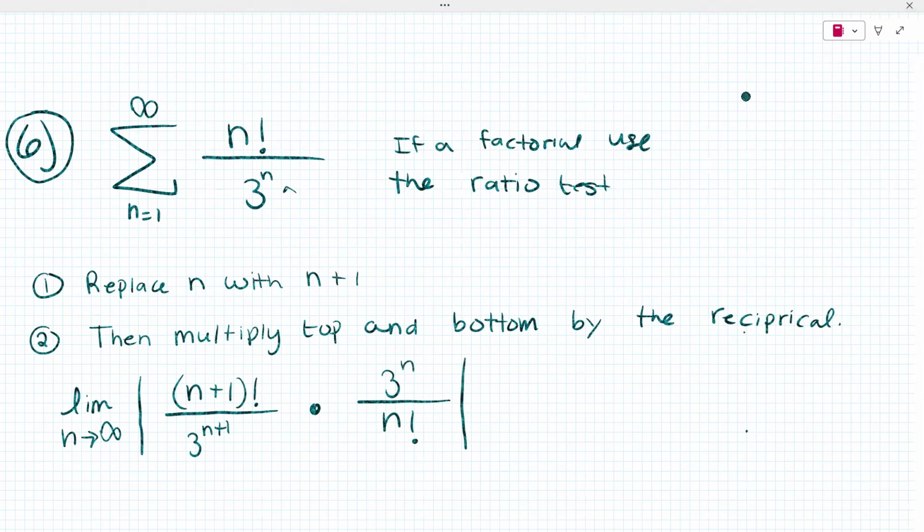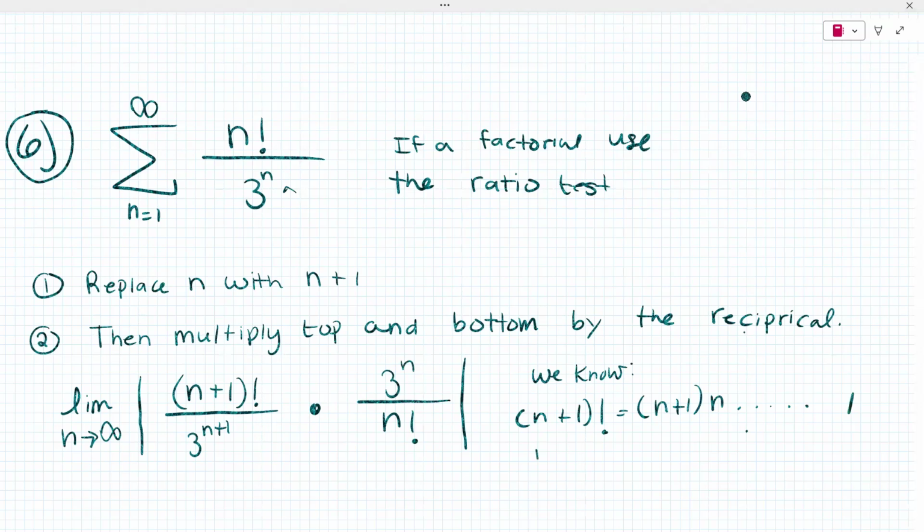Okay, so how do we do this? What do we know? We know that n plus 1 factorial is the same thing as n plus 1 times n, dot dot dot, until you hit 1.